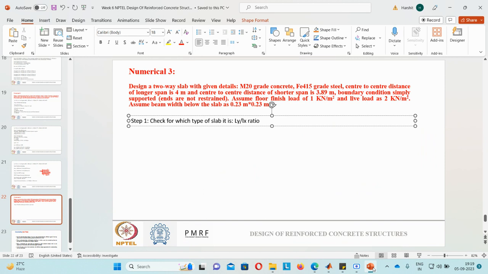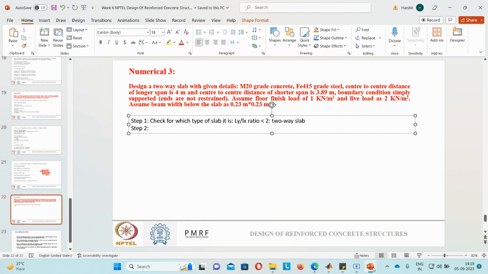Okay. If it is less than 2, it is a two-way slab. So in this question, based on the values given to us, we can clearly say it is a two-way slab. 4 upon 3.89 will come out to be a little higher than 1, which is a two-way slab.